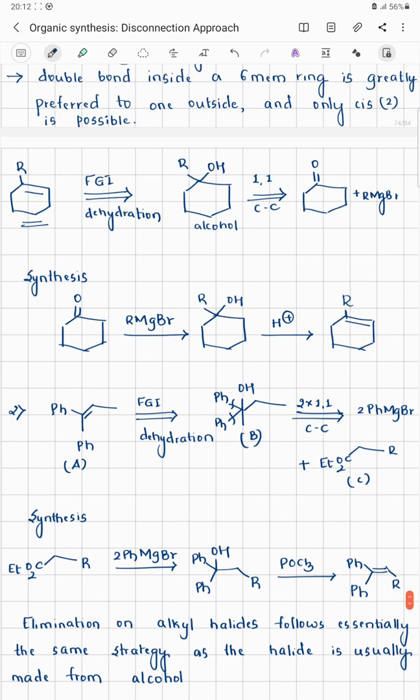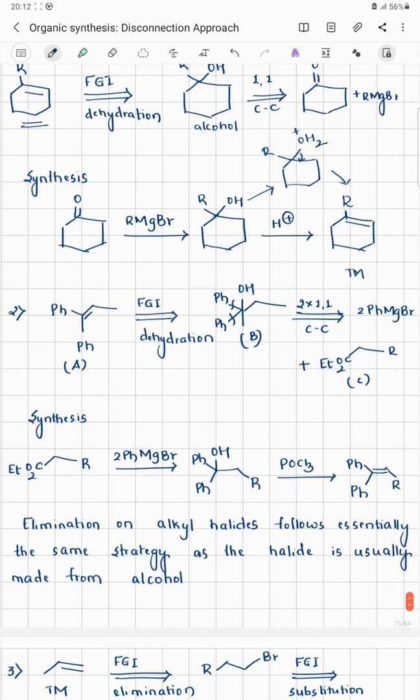In the synthesis, cyclohexanone reacts with the Grignard reagent to give me my alcohol. Under protonating conditions, when the H plus attacks the OH, I will get an OH2 plus. That means I can now remove a molecule of water under dehydration to get my target molecule, the cyclohexene system. On similar grounds, we can synthesize any number of alkenes.